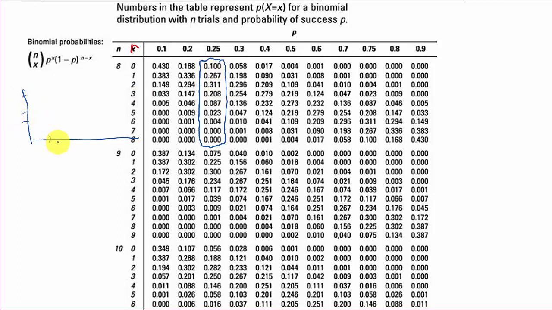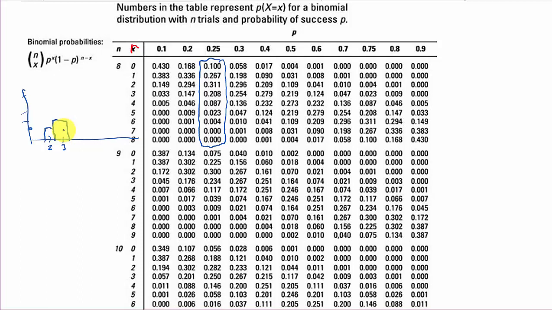Let's say at 1 we're at 0.267, and then at 3, so that would be 2, and then we go to 3, that would be 0.311, a little higher like this. If we continued on, we would get a histogram, and these little rectangles represent areas.